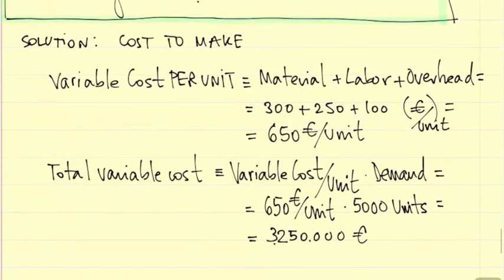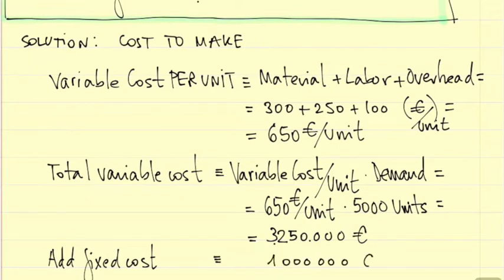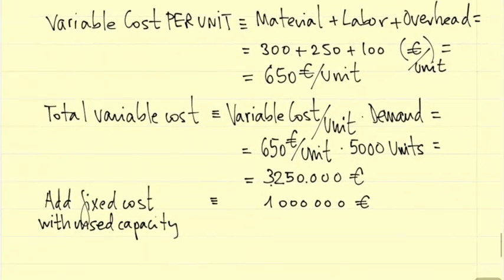And we are going to add the fixed cost, which is 1 million euro, associated with unused capacity, and this delivers a total of 4,250,000.